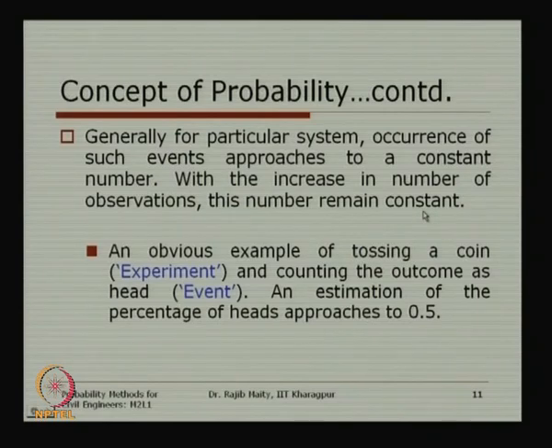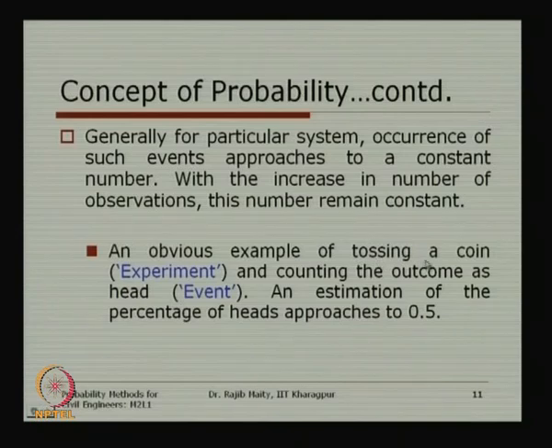For example, if I take a particular experiment and look at a very long historical record, and see the chance or the frequency of occurrence of that particular event, we generally classify it into success and failure, and see the frequency of success in the historical record. This historical record is very important here. This should be sufficiently long to assess some probability.